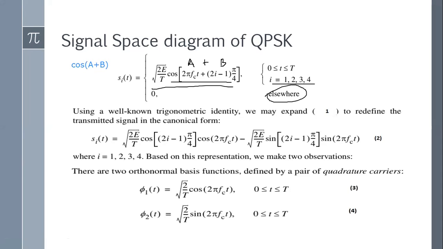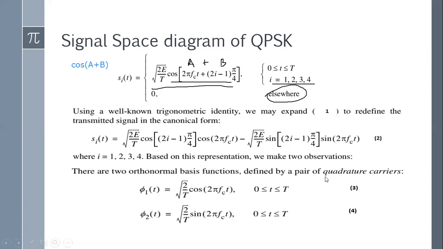We have two different basis functions: root 2 by T cos 2 pi fct, and root 2 by T sin 2 pi fct. So this represents two different basis functions or two different carrier signals, which will be used to send four message symbols.